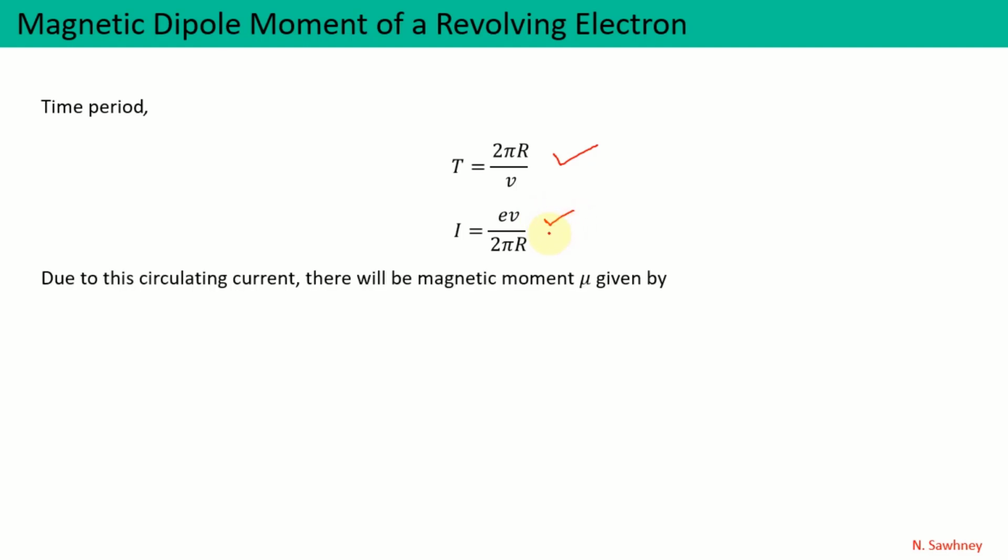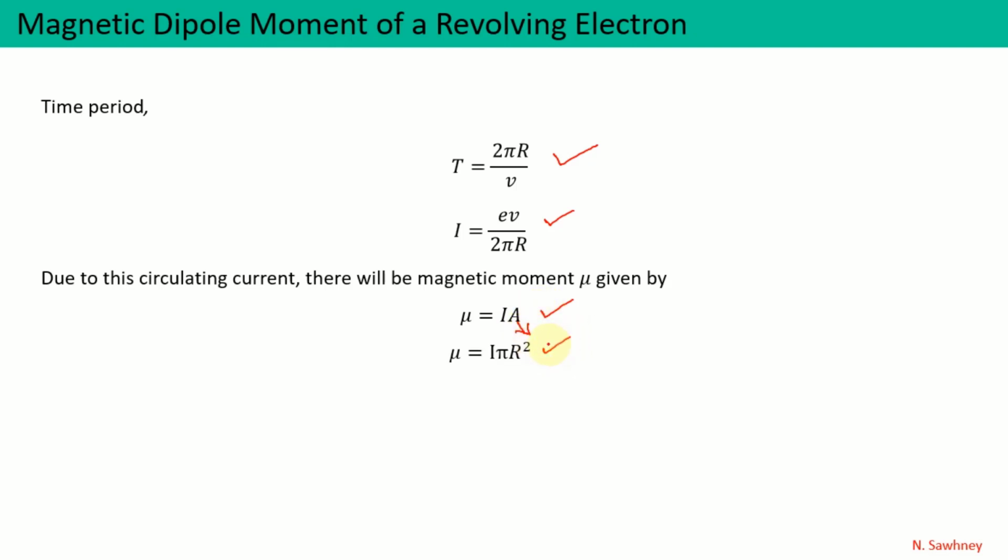Now, due to this circulating current, the magnetic moment is given by current into area, that is mu is equal to I into A. As it is a circular loop, we can write the area as pi r square.